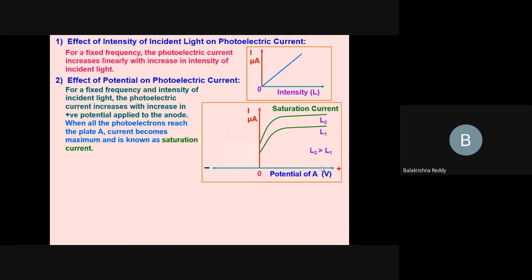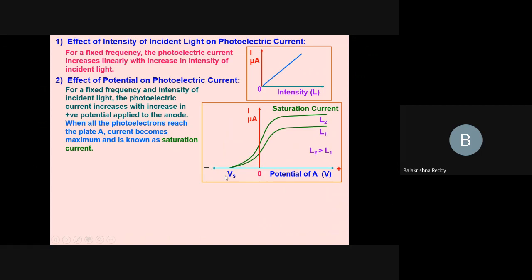The next point you can see here, the negative region. If I decrease the anode potential, then what happens? The negativity will increase on the anode, so the electrons will not contribute to the photoelectric current. It goes into negative and decreases.